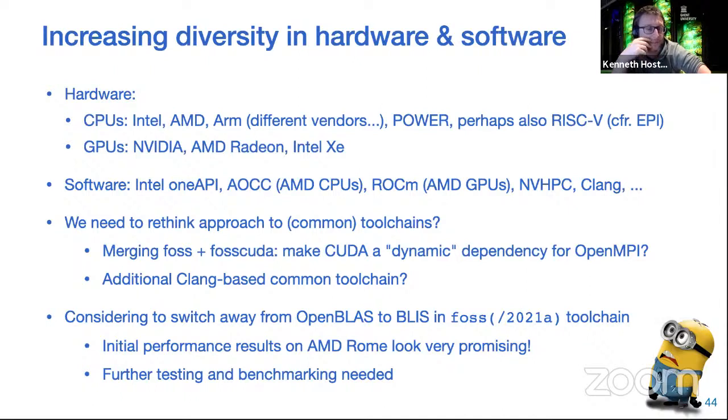But the results we've seen, especially compared to OpenBLAS, but also compared to Intel MKL, look very promising when they were benchmarked against each other on the AMD Rome CPUs. We need to look if we see that same pattern on Intel CPUs, especially compared to MKL. I want to benchmark that more. But currently, it's looking like we will probably switch away from OpenBLAS to BLIS in the FOSS toolchains. But yeah, that's also to be confirmed after a bit more experimentation.